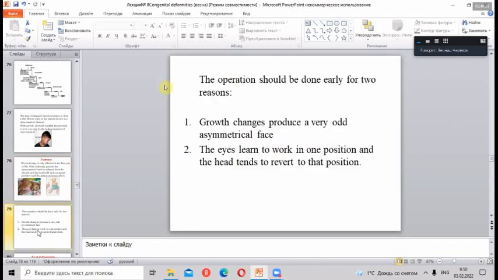The operation should be done early for two reasons. Growth changes produce a very asymmetrical face. The eyes come to lie in the tilted position and the head tends to revert to that position.